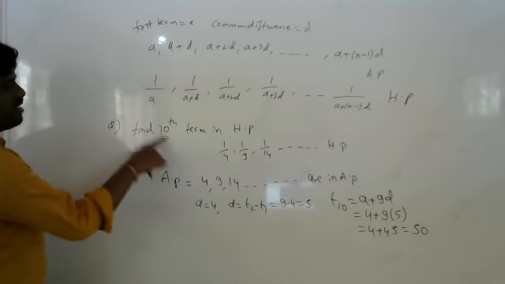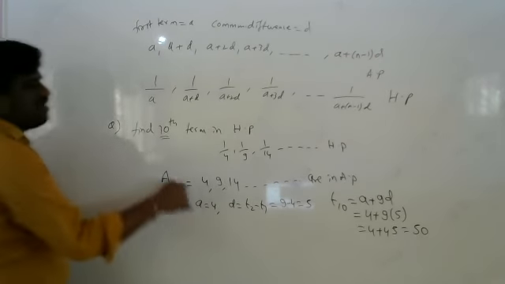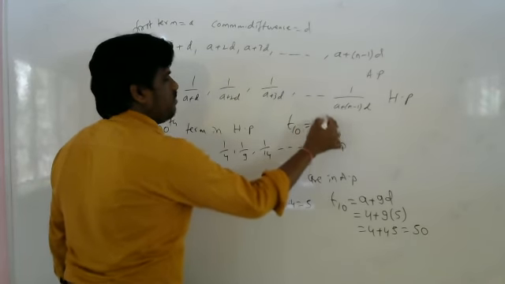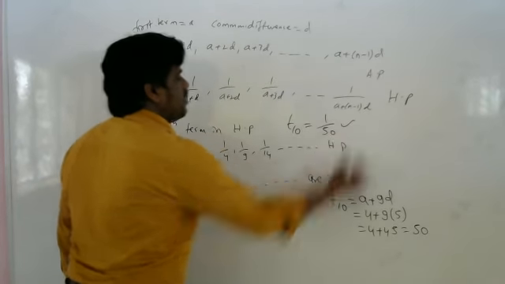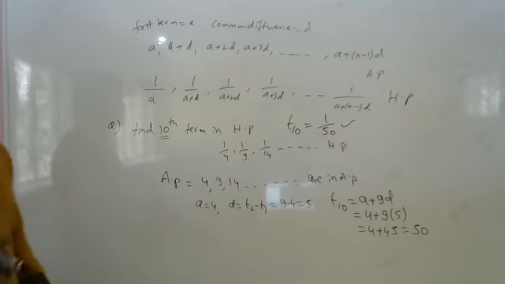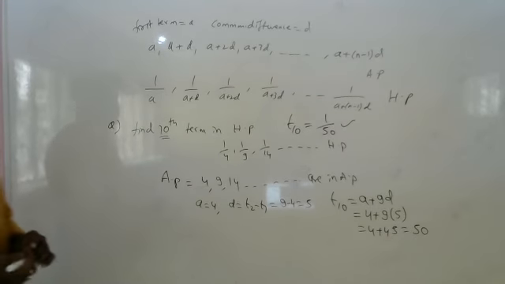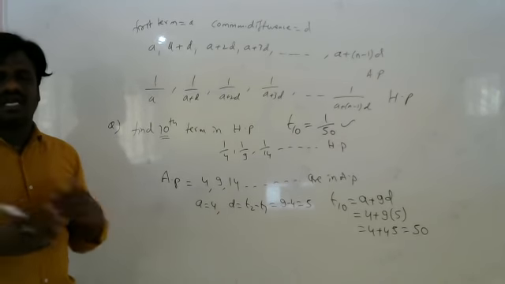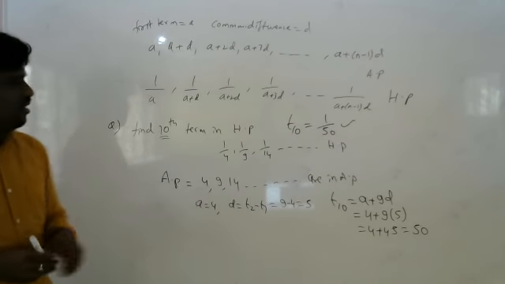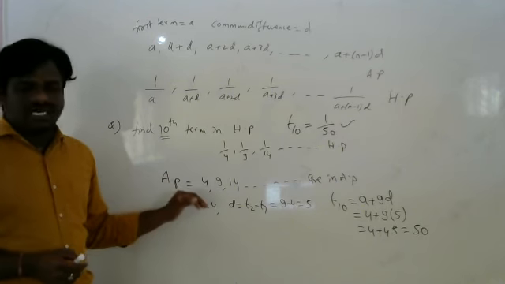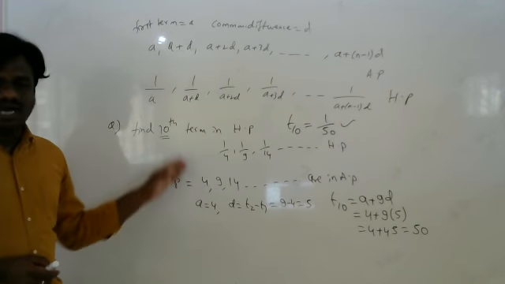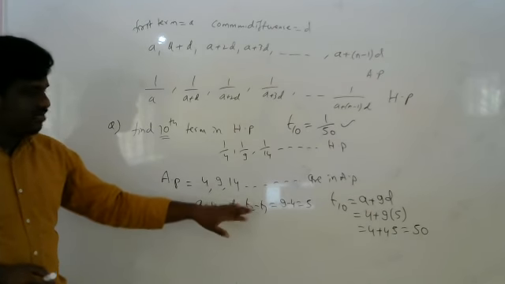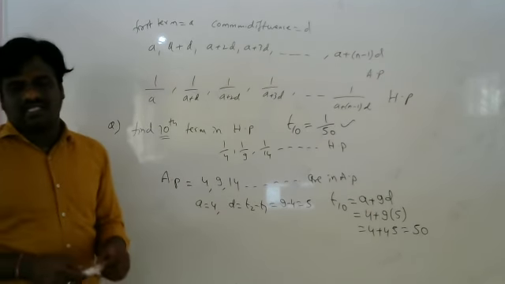Then the 10th term of the harmonic progression will be 1 by 50, because the reciprocal of 50 is 1 by 50. Arithmetic and harmonic progressions are reciprocals of each other. If any HP question comes, we convert it into an AP, find the term, and take the reciprocal for the answer.